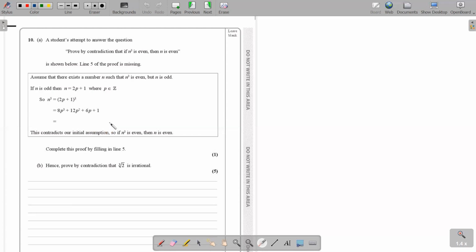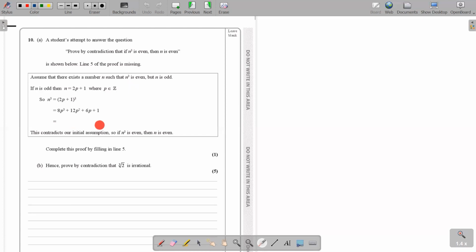Now, to do the proof by contradiction, my n cube must be what? In proof by contradiction, you need to show that the statement is not going to work out, which means you need to get an odd value here.